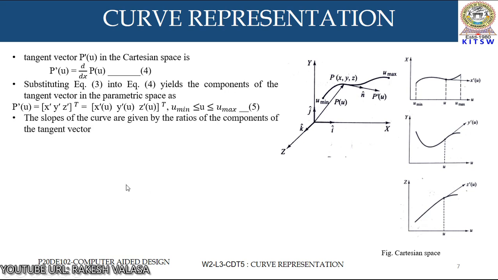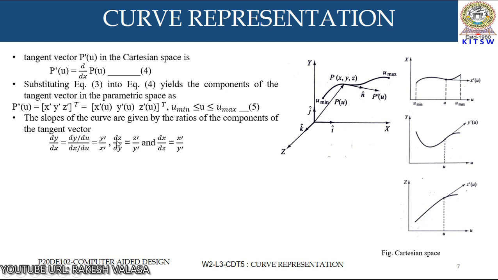Now the slopes of the curve are given by the ratios of the components of the tangent vector. That means dy by dx equal to dy by du over dx by du. It gives dy by du means y dash, dx by du gives x dash.